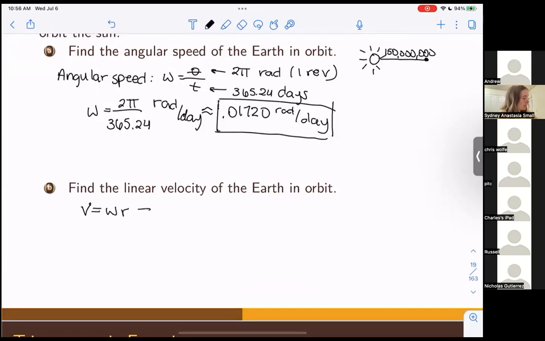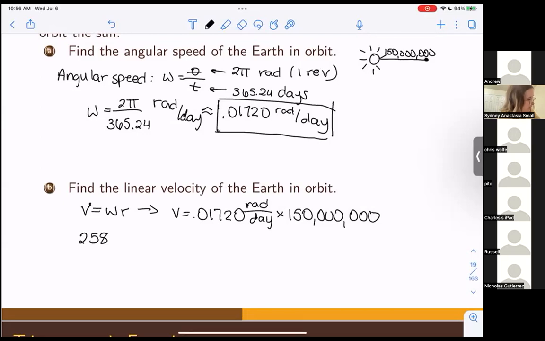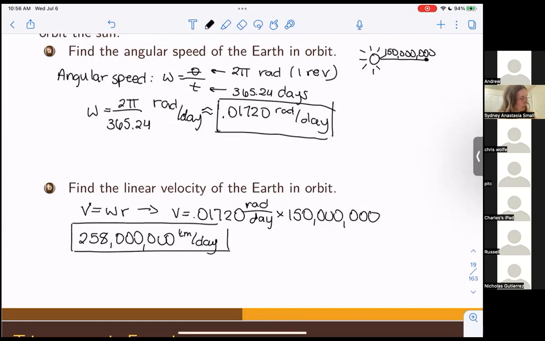So our velocity is 0.01720 radians per day times 150 million kilometers, which I believe is about 258,000,000 kilometers per day. This is an approximation. I didn't plug this one into my calculator, but you can do this math. You would just multiply this by 150 million kilometers, and that gets you how many kilometers per day we are going.